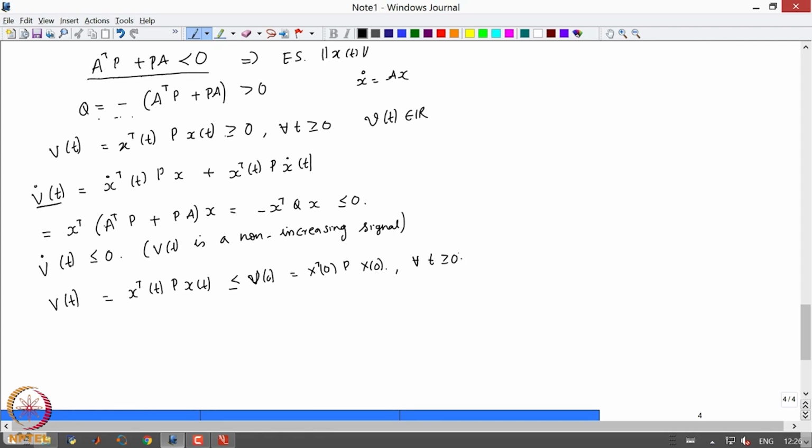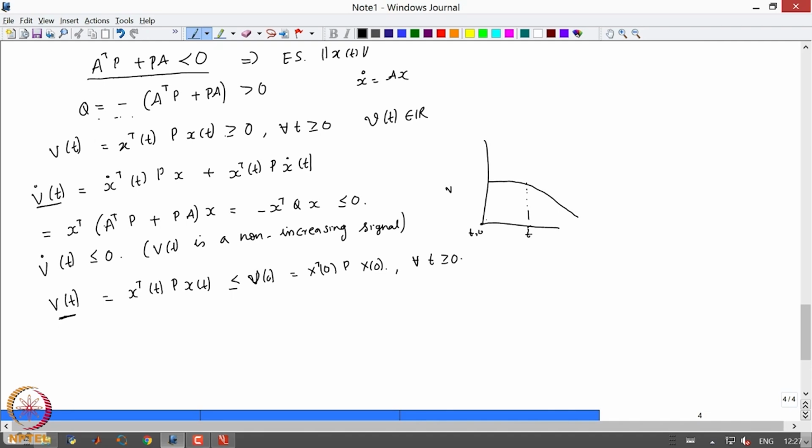So V may be constant or it might decrease. So the value of V at t equal to 0 will always be greater than or equal to the value at some other time t.